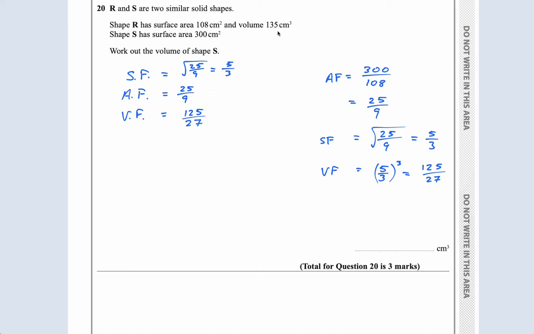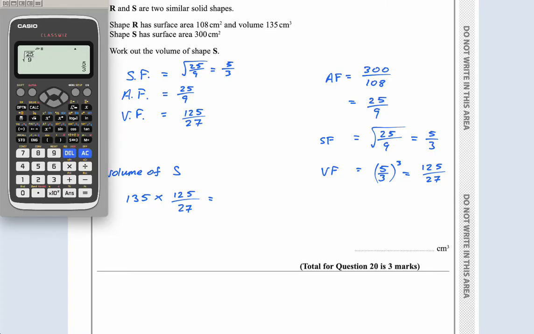He tells us the volume of R is 135. So the volume of S has to be 135 times the volume factor, which is 125 over 27.